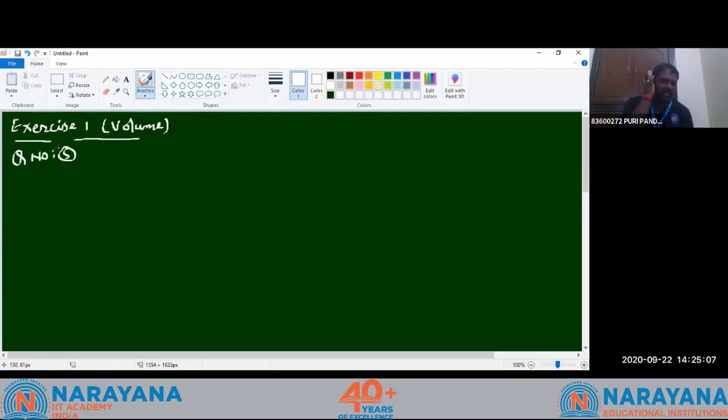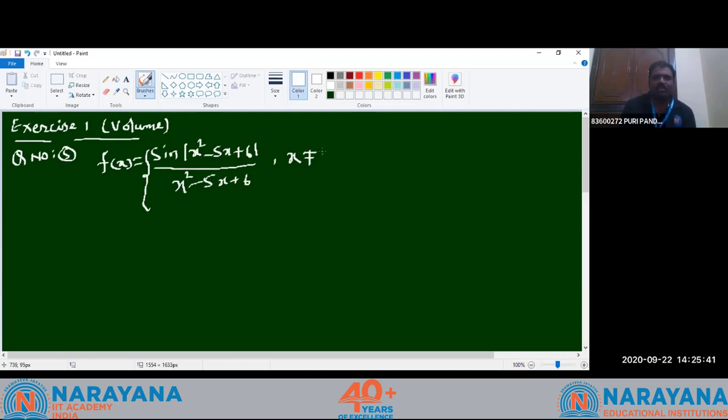The question is given here: f of x is equal to sine of modulus of x square minus 5x plus 6, divided by x square minus 5x plus 6, if x is not equal to 2, 3, and the function f of x is equal to 1 when x is equal to 2 or 3.